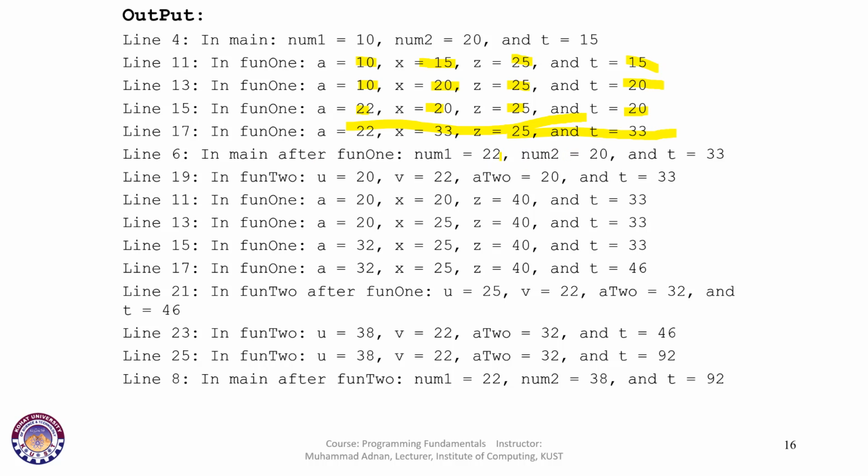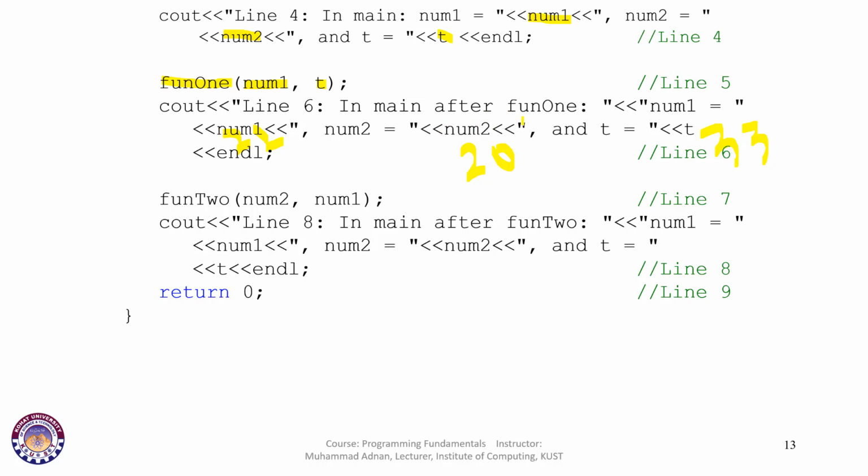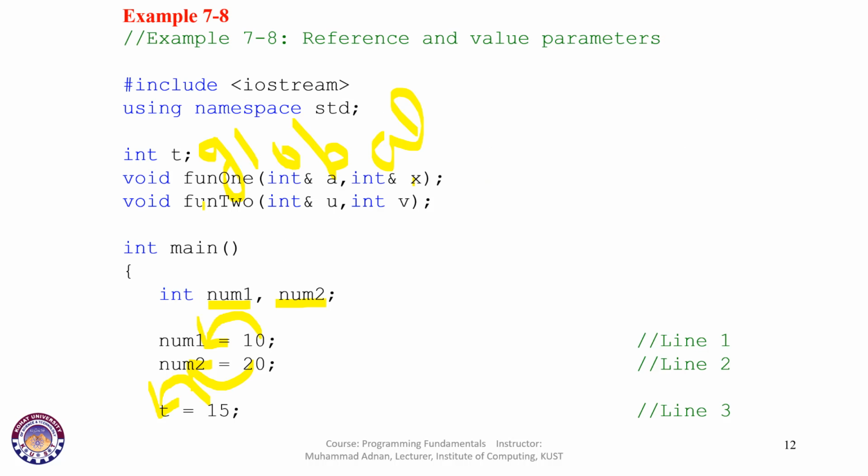So in main, after function 1, you can see here 22, 20 and 33. After that we call function 2. In function 2, the address of first variable is passed as stated in function declaration, and a value of the first variable is then passed.